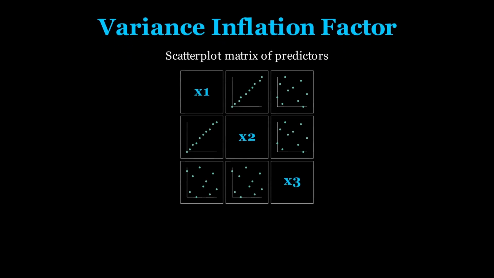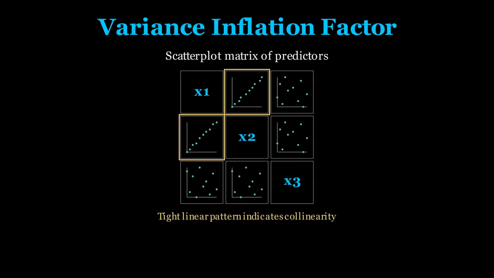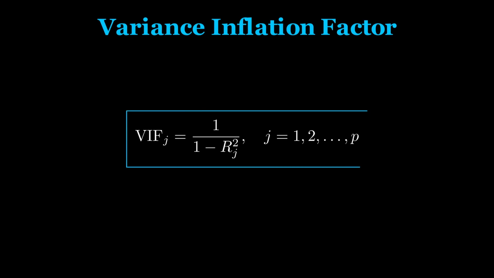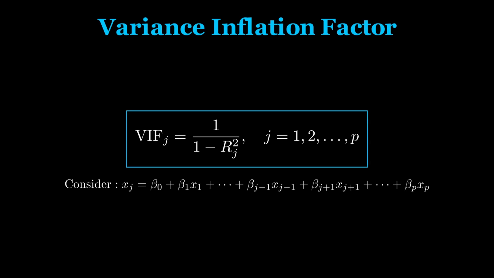The first step to detecting collinearity is to create a scatterplot matrix. It lets you visually inspect the pairwise relationships among predictors. Next, we can use the VIF to quantify the severity of collinearity. Consider explanatory variables x1 through xp. To calculate the VIF, for each variable xj, first run a regression using xj as the response variable and all other x's as explanatory variables.